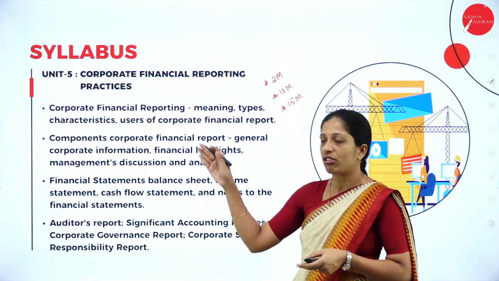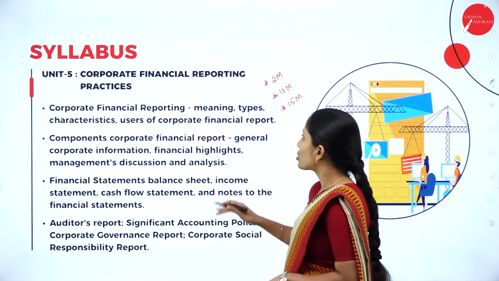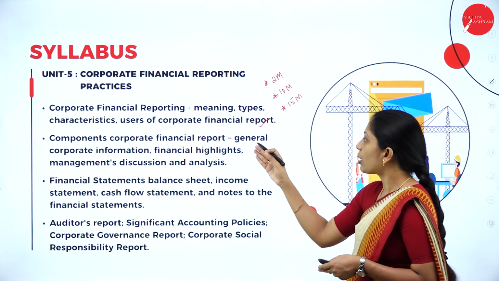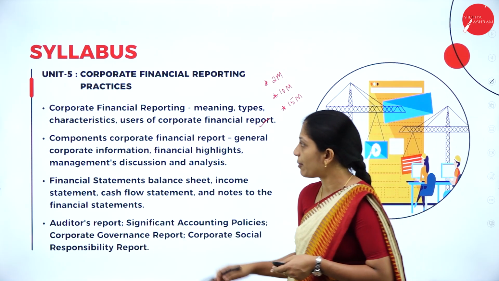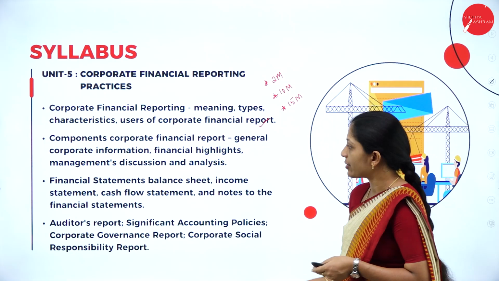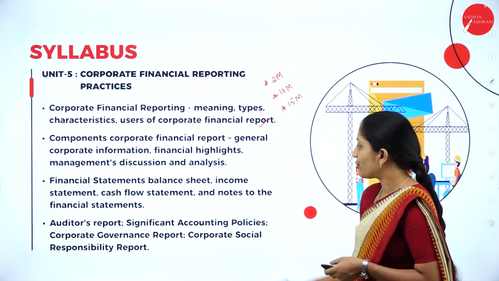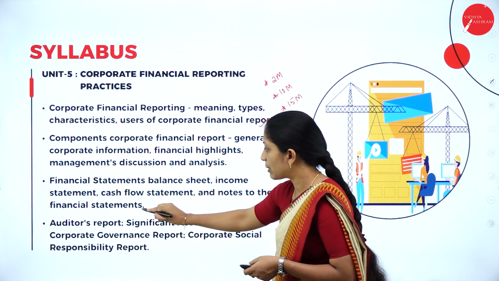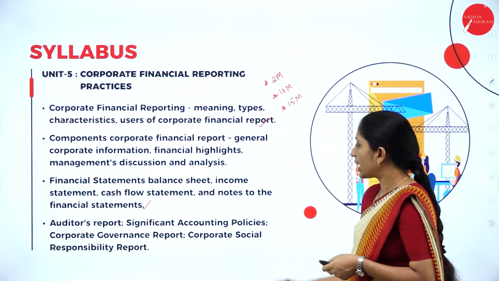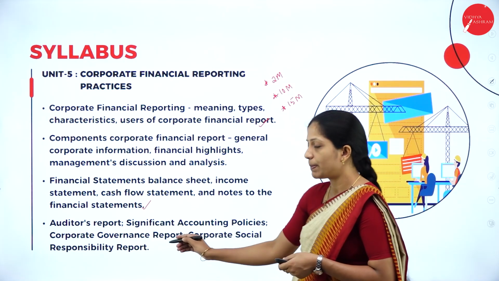So you are going to learn about corporate financial reporting: meaning, types, characteristics, uses of corporate financial report. Next, you are going to learn about the components of the corporate financial report: general corporate information, financial highlights, management discussion and analysis, financial statements (balance sheet, income statement, cash flow statement and notes to the financial statements), auditor's report, which is also one of the important concepts, significant accounting policies, corporate governance report, corporate social responsibility report.